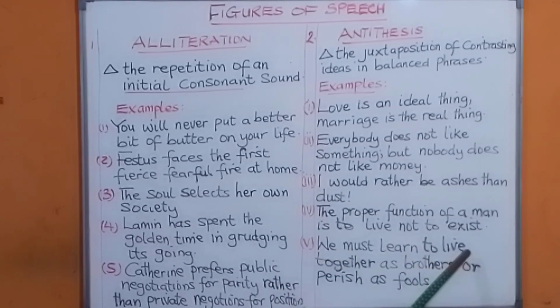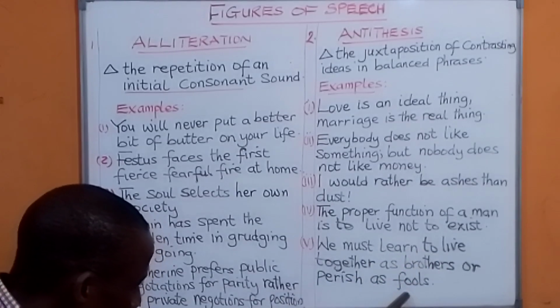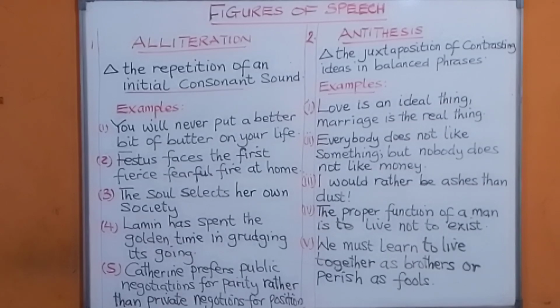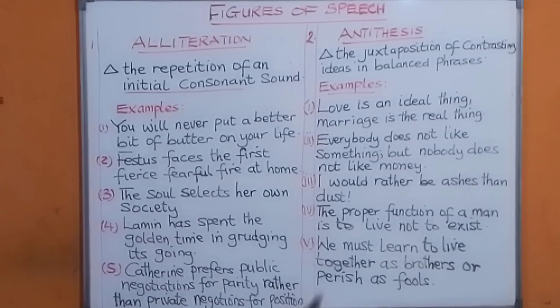We must learn to live together as brothers or perish as fools. You are putting two contrasting ideas in a balanced phrase. Live together, perish as fools. That is what we call antithesis.